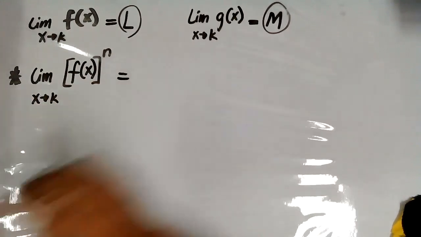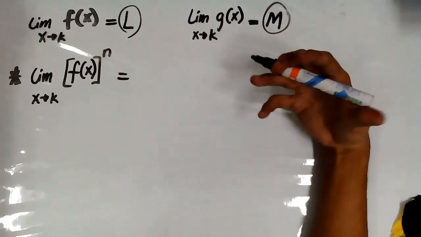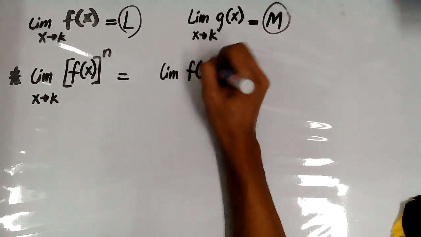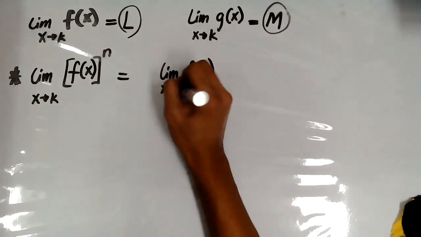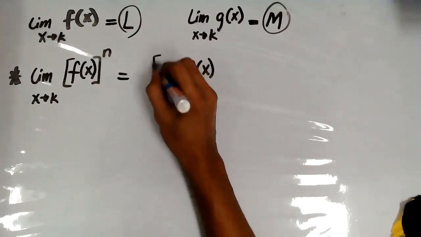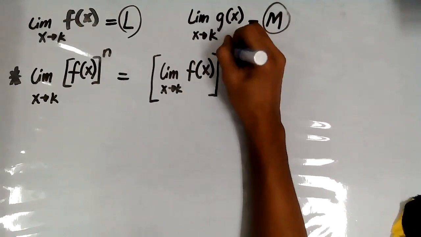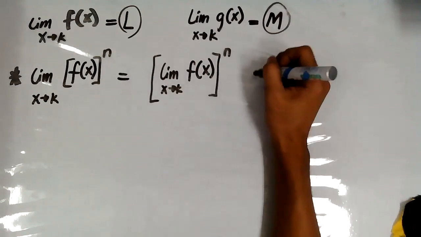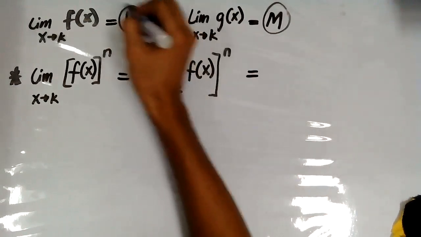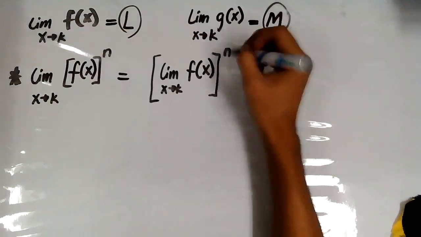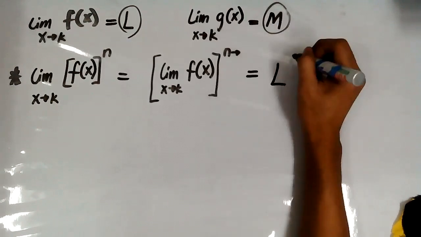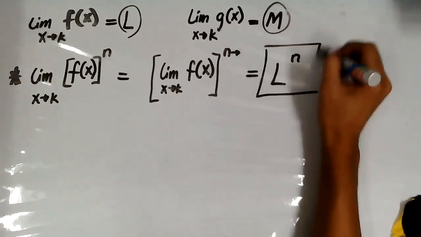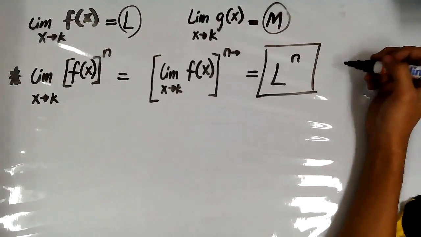So here it's basically getting the limit of your f of x, and once you have the limit of your f of x as your x approaches k, then raise it to your exponent. All right. So what will happen to this? This will become the limit of f of x, which is L, then raise your L to your exponent n. All right. So this is the limit of the power of the function.